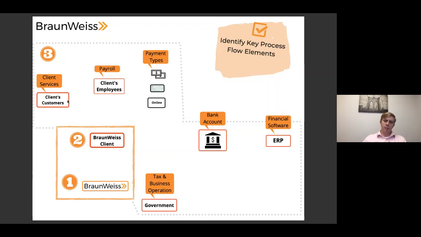And that's where we come in at BraunWeiss, and we're going to take the back end there. We're going to recognize all of the money that hit their bank account, from the invoices to the payroll, and we're going to reconcile that. And then we're also going to be remitting the client's taxes to the government. So those are the standard elements of a payroll process flow.